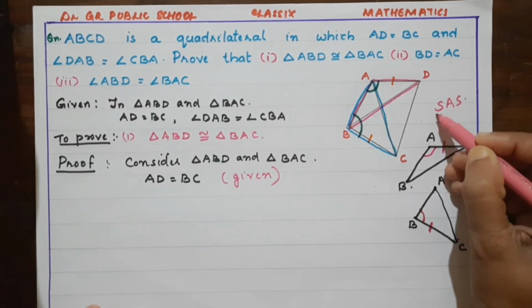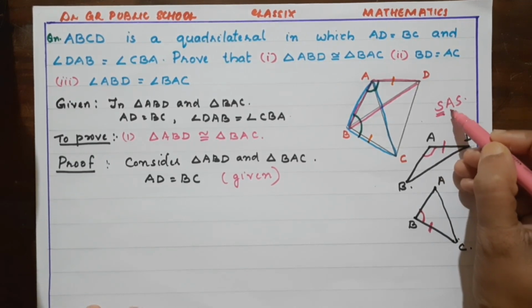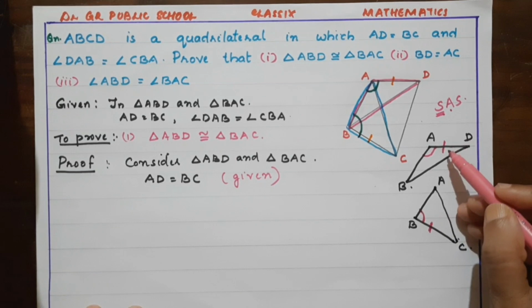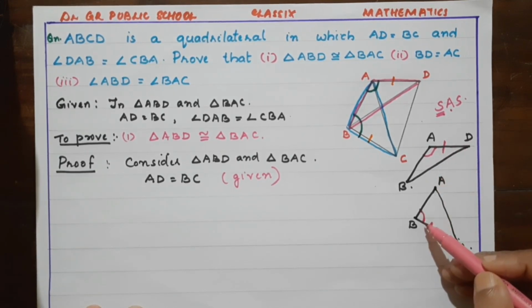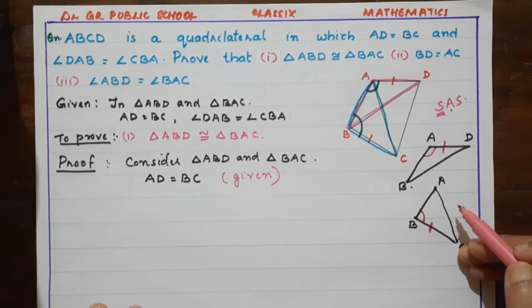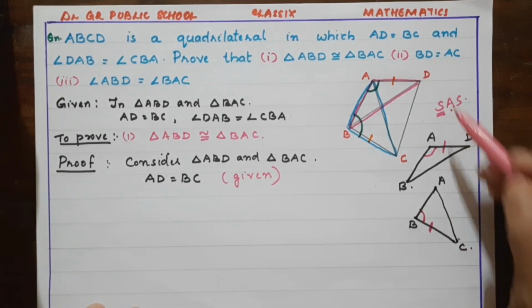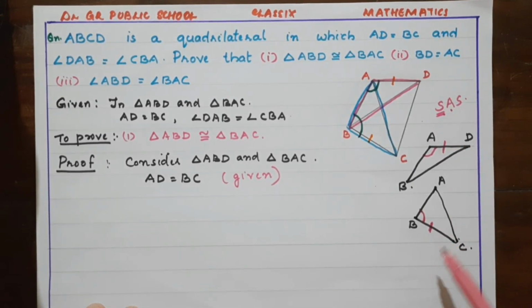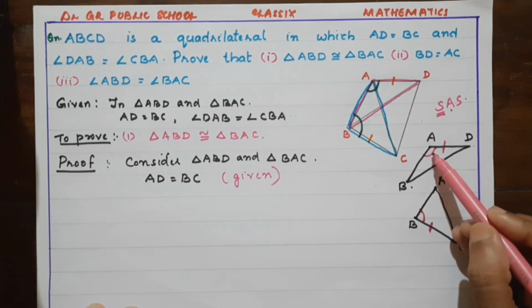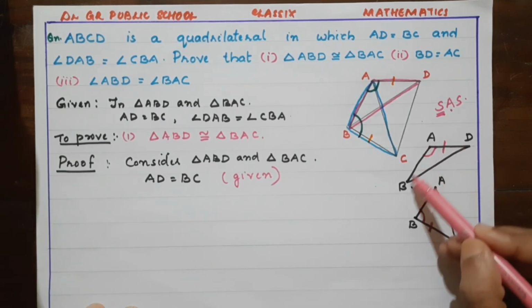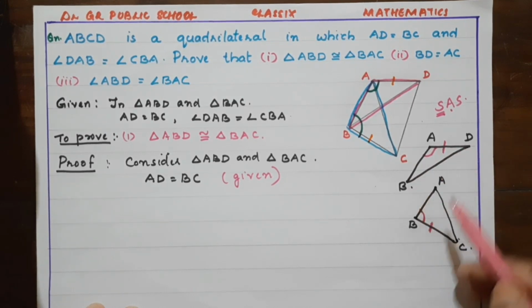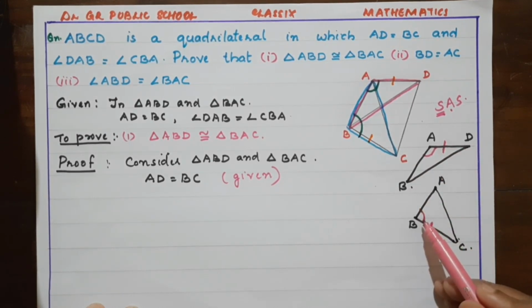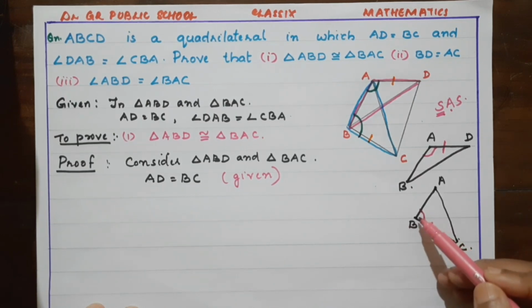SAS means one side, the included angle, and the other side. So one side we got, then this angle we got. Now which side should be equal to apply this SAS criteria? This angle is the included angle of AD and AB, isn't it? And this angle is the included angle of BC and this BA.